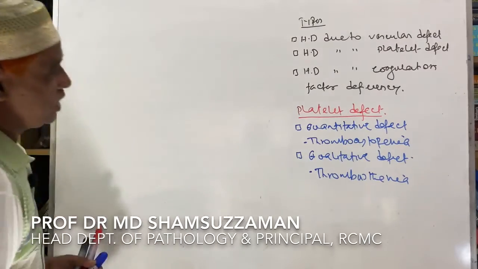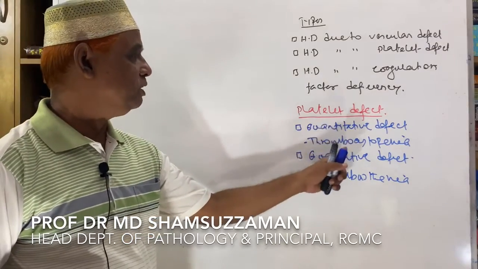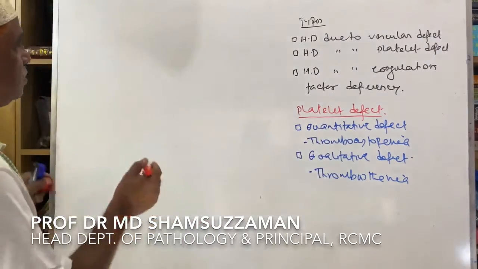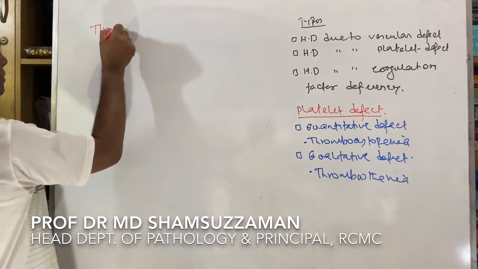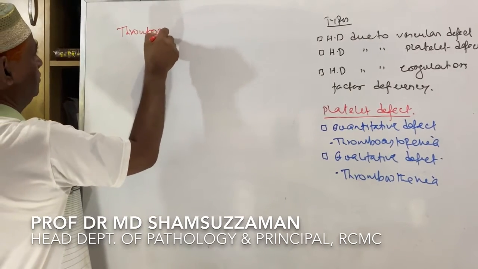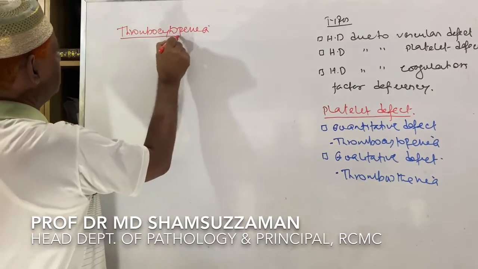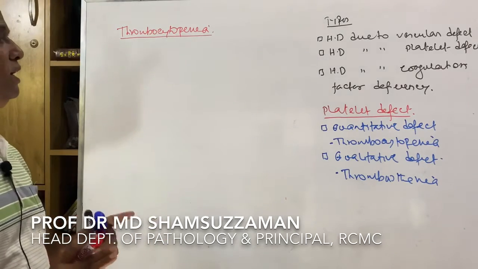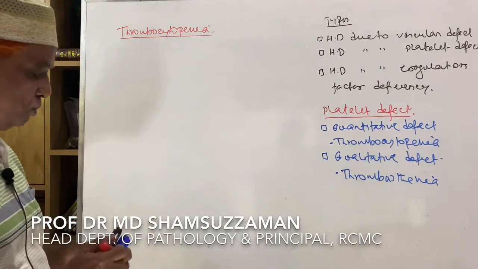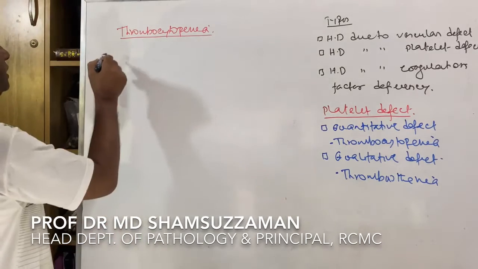Now come to thrombocytopenia, the quantitative defect of platelet. Today's topic is thrombocytopenia first, then ITP. What do we mean by thrombocytopenia?